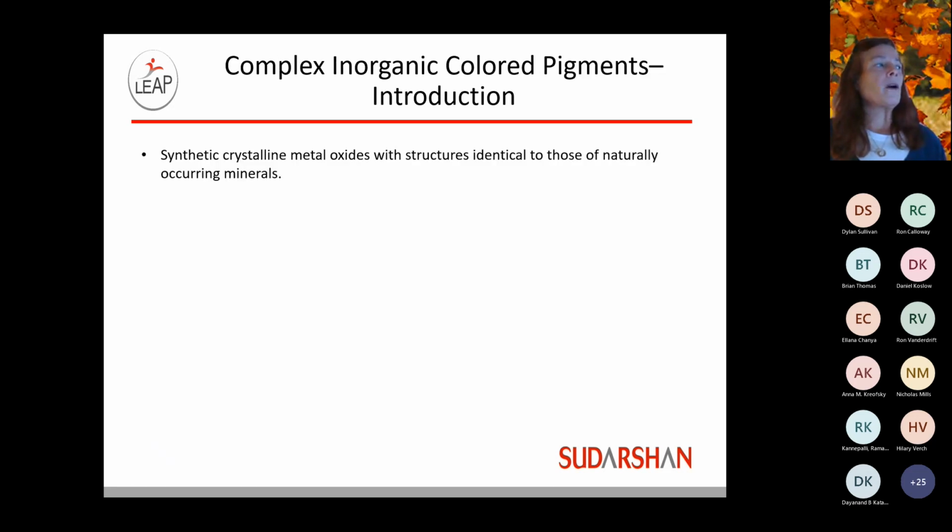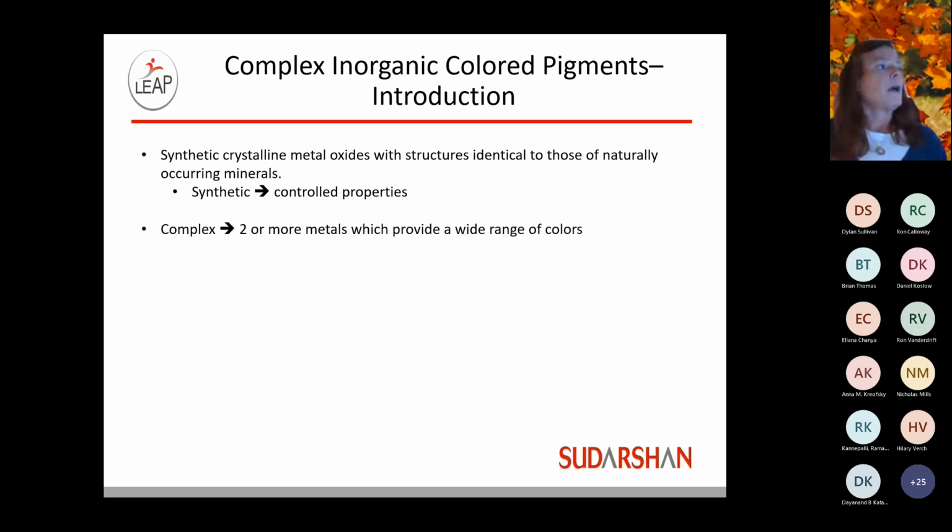So these are synthetic crystalline metal oxides that do have structures that are identical to some naturally occurring minerals. However, because they are synthetic, this results in the ability to control all of the physical properties of that colorant. They are complex. As I stated, there are two or more metals, which provide a wide range of colors.